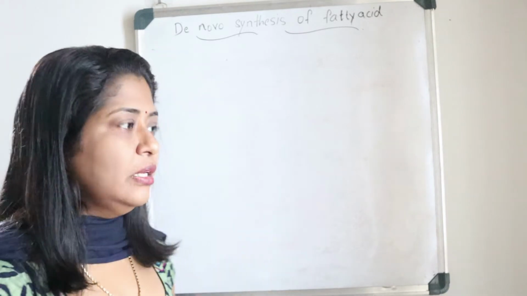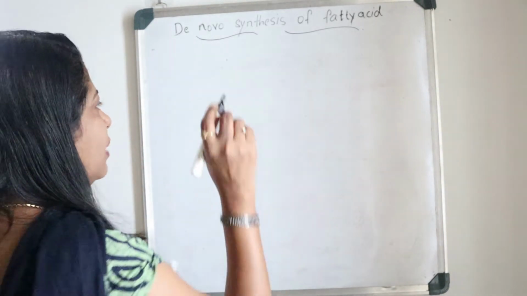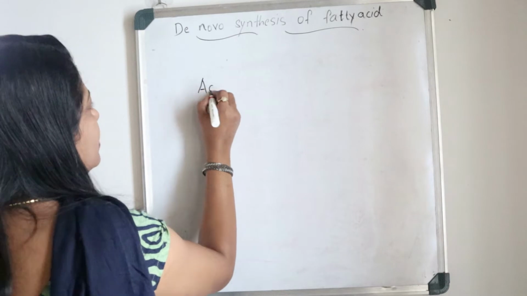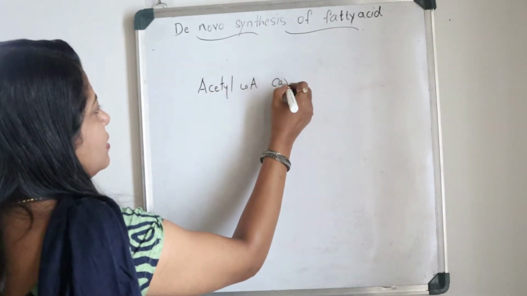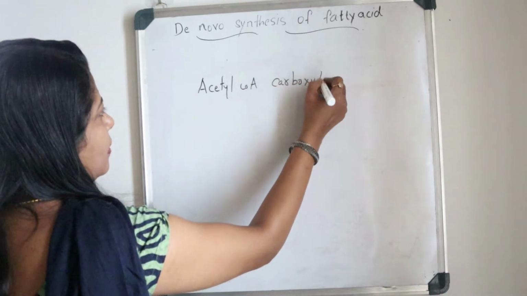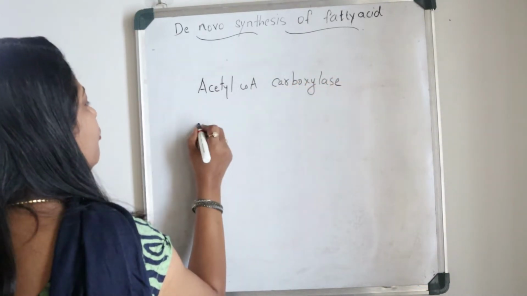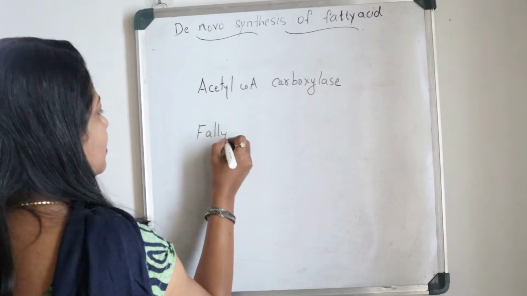And in the de novo synthesis of fatty acids, we have to keep one thing in mind, that there are two enzymes that are very important for this pathway, that is acetyl-CoA carboxylase and fatty acid synthase complex.